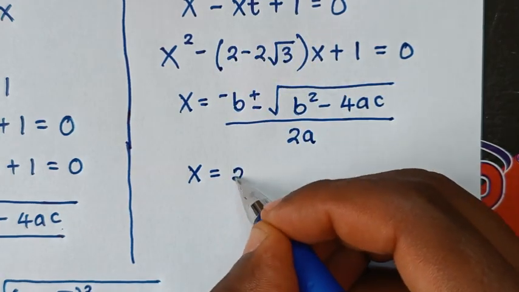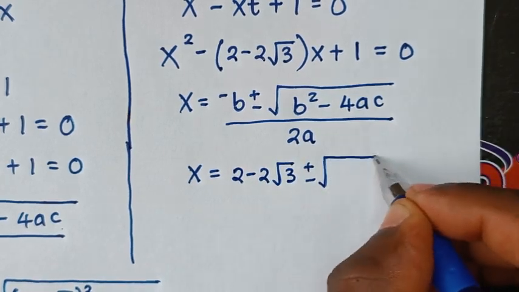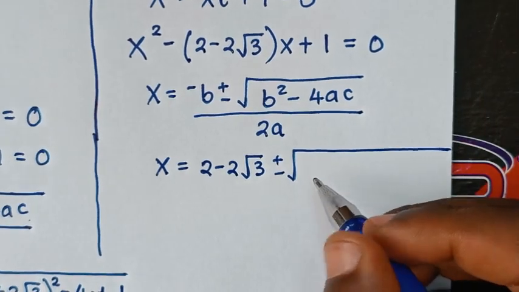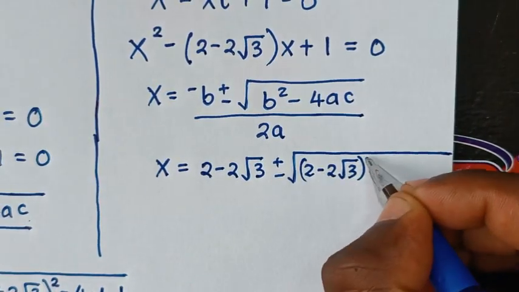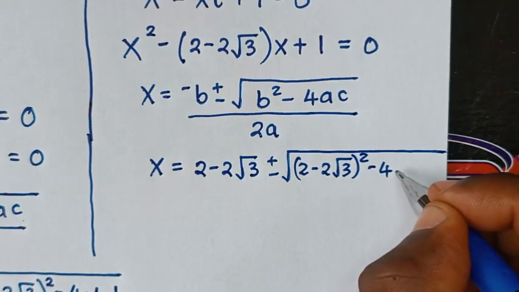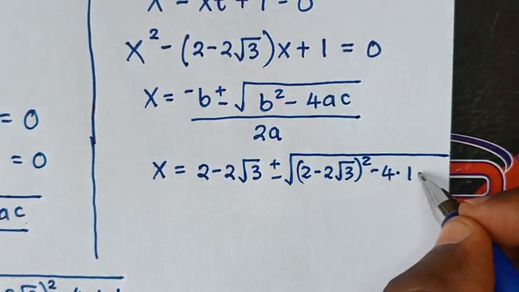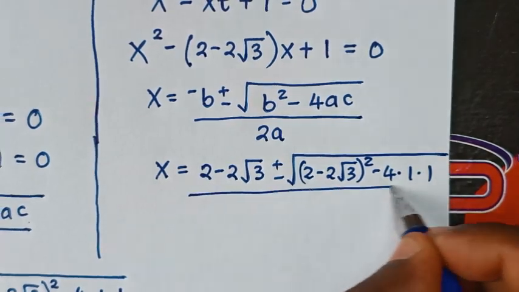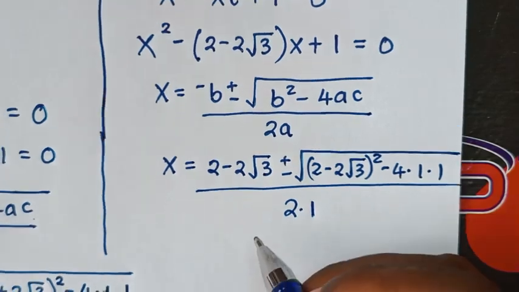So here it will be 2 minus 2 square root of 3 plus or minus square root of b square, it will be 2 minus 2 square root of 3 bracket square, then minus 4 times a is 1 times c is 1, so 1 times 1, then over 2 times a, it is 1.